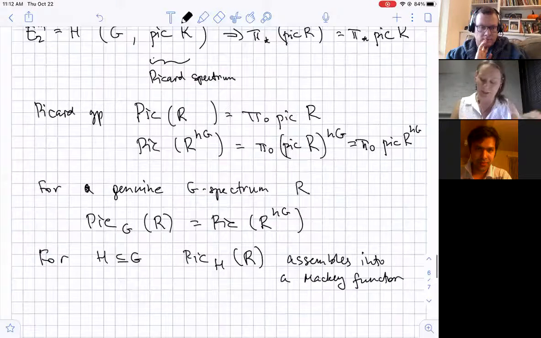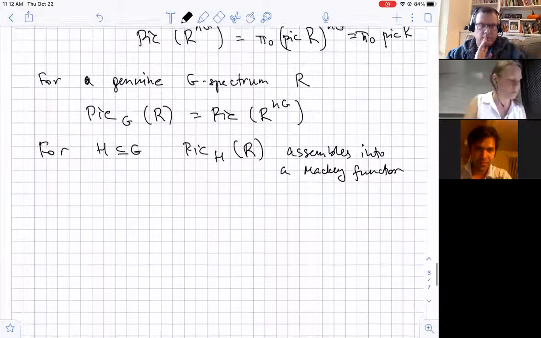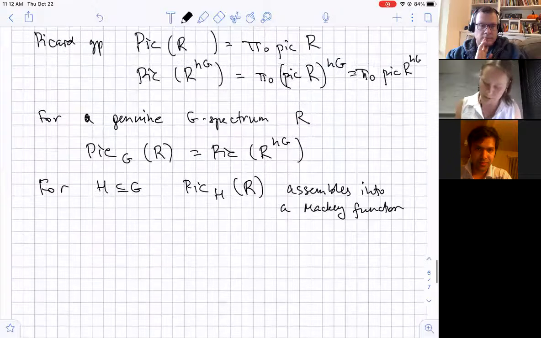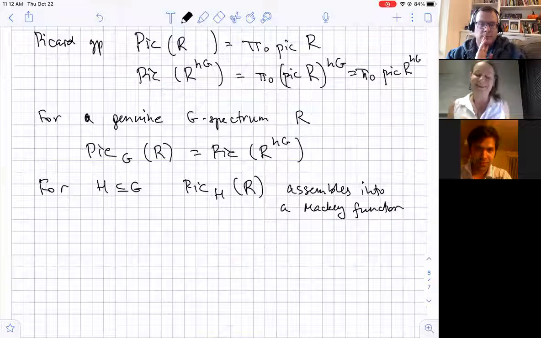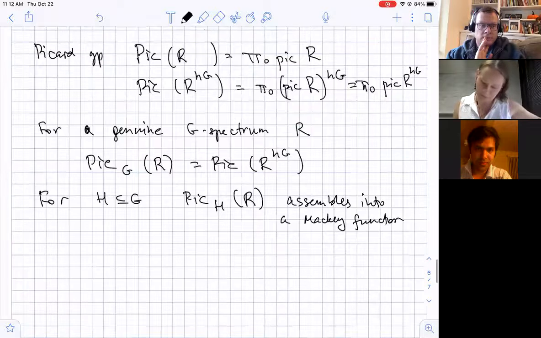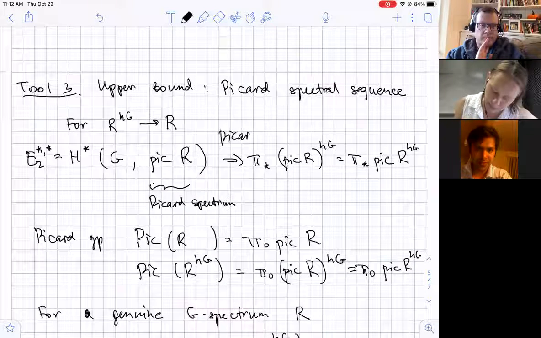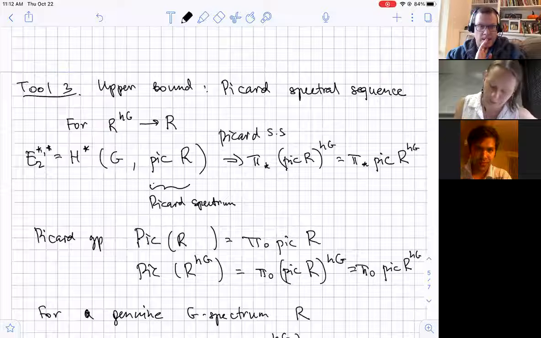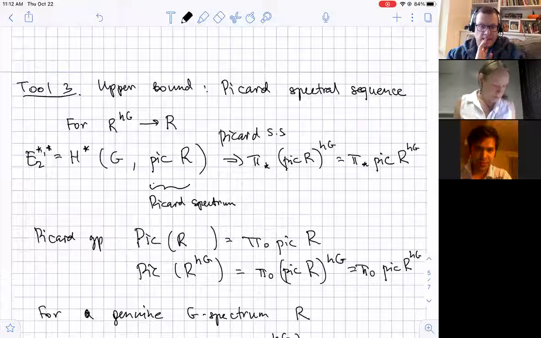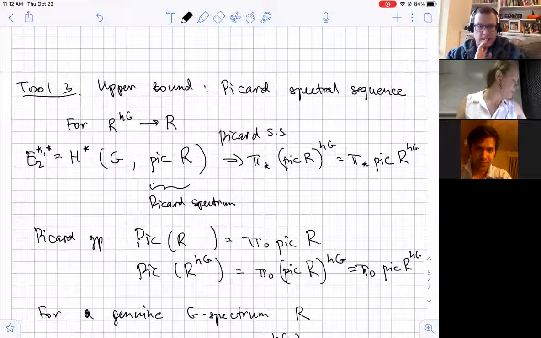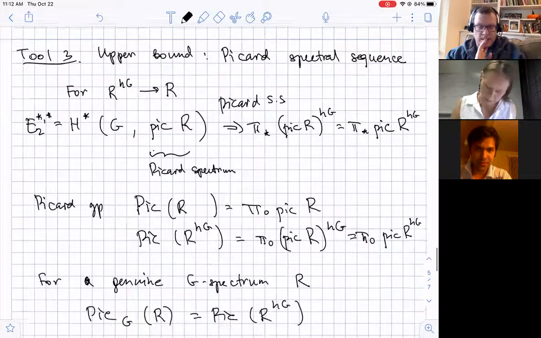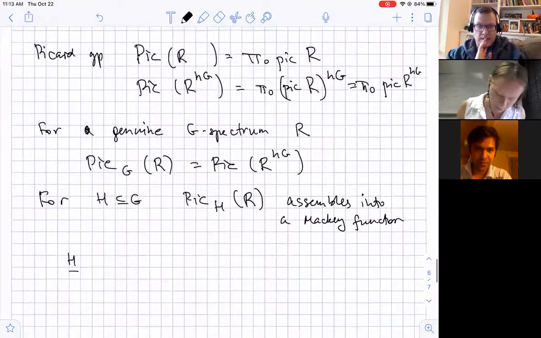Which means that we have a Mackey functor spectral sequence. We have a Picard spectral sequence of Mackey functors. Okay, so we compute it. Let me write it down. In our case, it's Mackey functor cohomology.